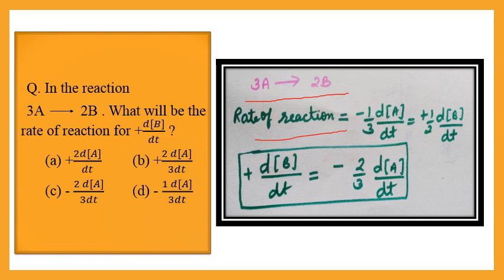So the rate of reaction will be -1/3, because the stoichiometry of A is 3, -1/3 d by dt of concentration of A equal to +1/2 d by dt of concentration of B. And in the question you have to calculate d by dt of concentration of B. So on rearranging this equation you will get -2/3 times d by dt of concentration of A. So option C will be the correct option here.